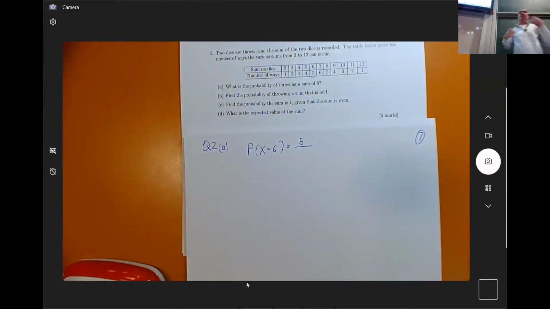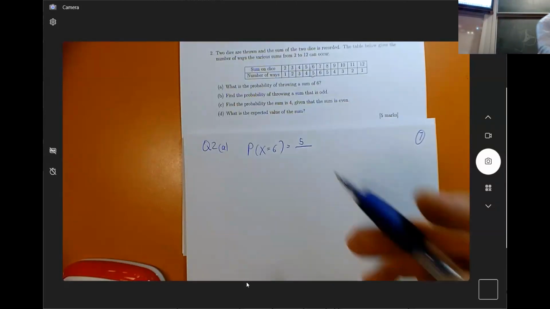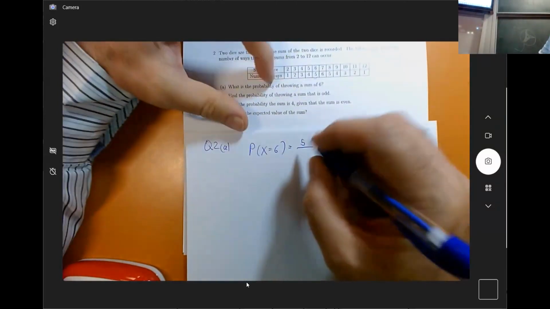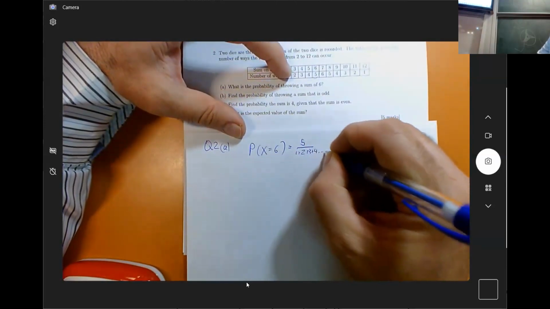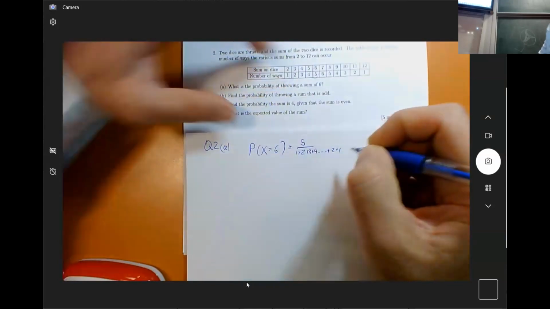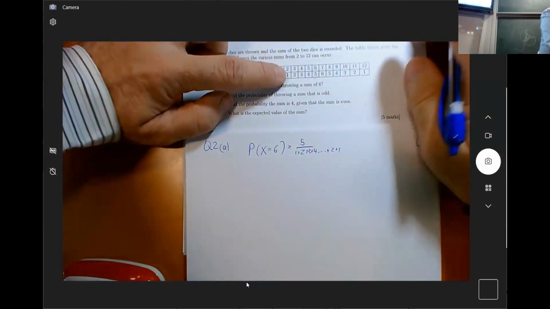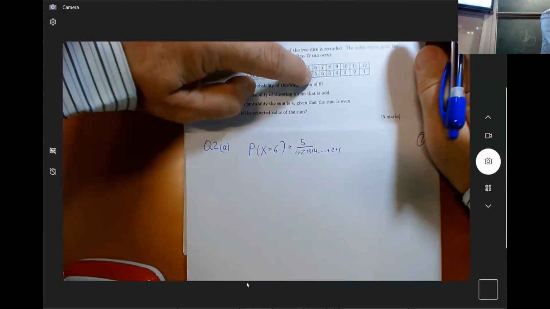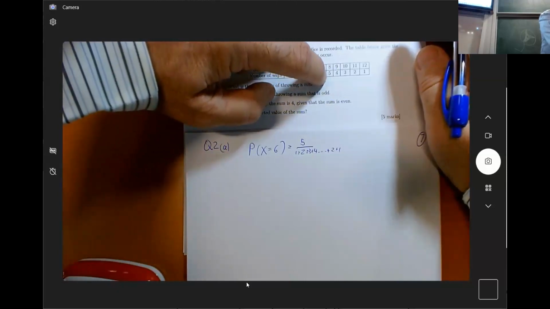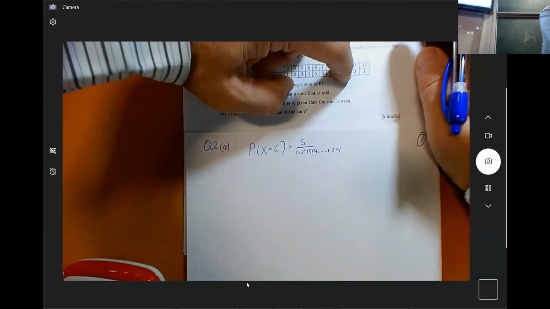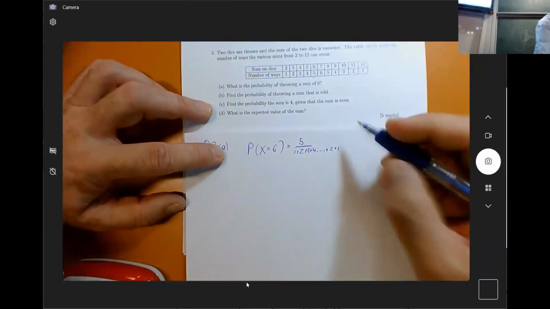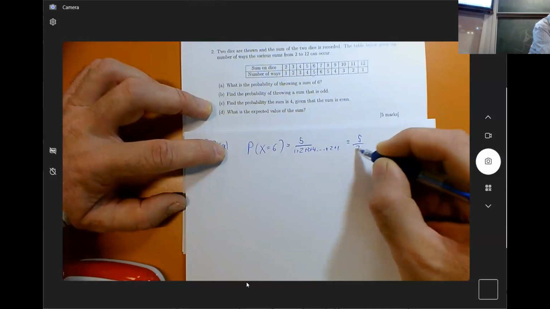Because we're treating each of these outcomes as equally likely, I should add up all of these numbers: 1 plus 2 plus 3 plus 4 plus 5 plus 6 and so on. Going 3, 6, 10, 15, 21, 26, 30, 33, 35, 36, so it is equal to 5 on 36.